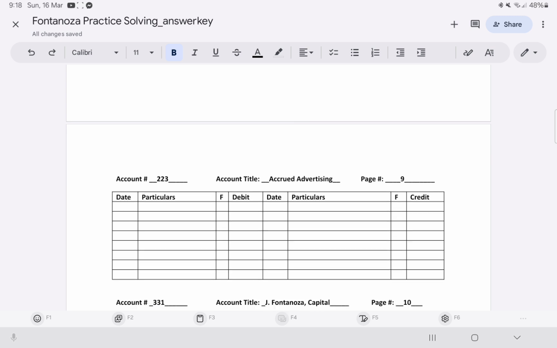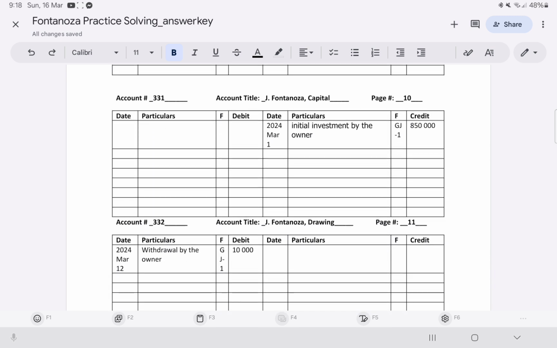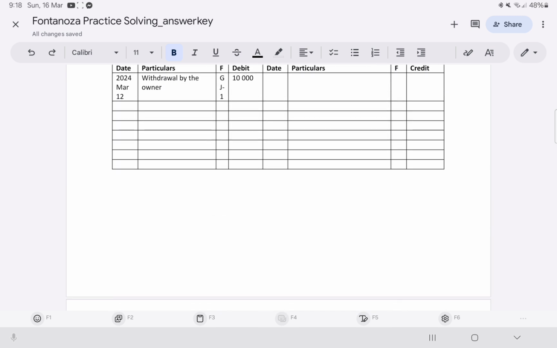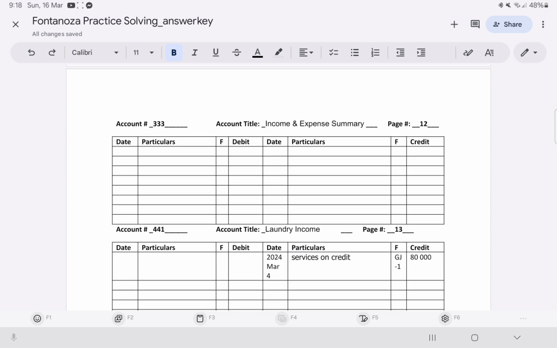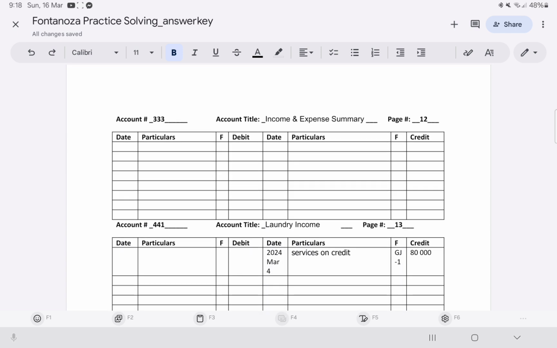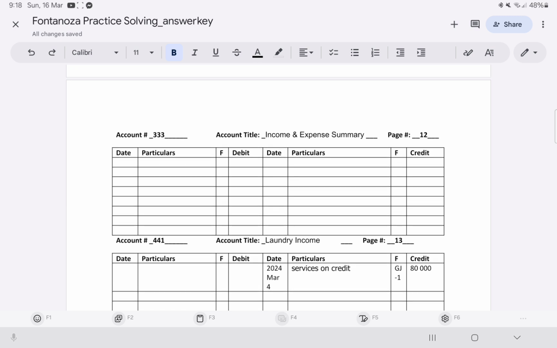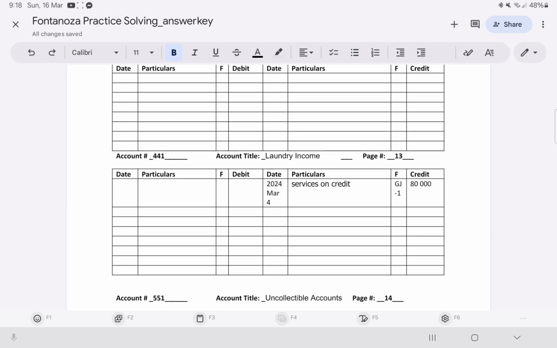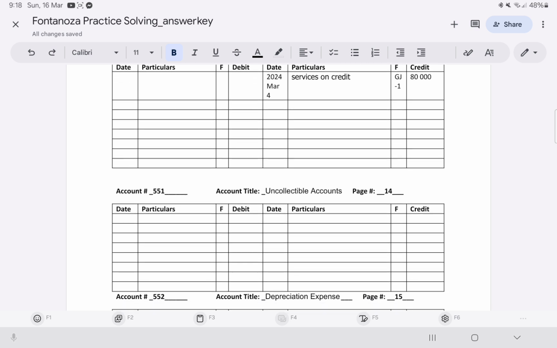So this is how crucial the general ledger is. Therefore you should be careful, attentive, and not careless in recording. You should double check all the data, so that you will not keep on repeating.